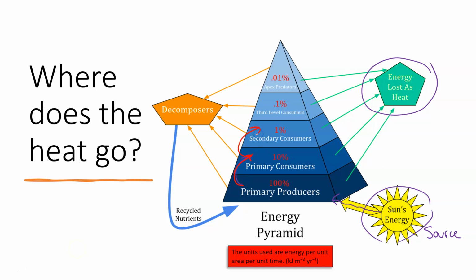Okay? So 10% is transferred to our primary consumers. 10% of that is transferred to our secondary consumer, 10% of that to our third level consumer, and 10% of that is transferred to our apex predator or our fourth level consumer.